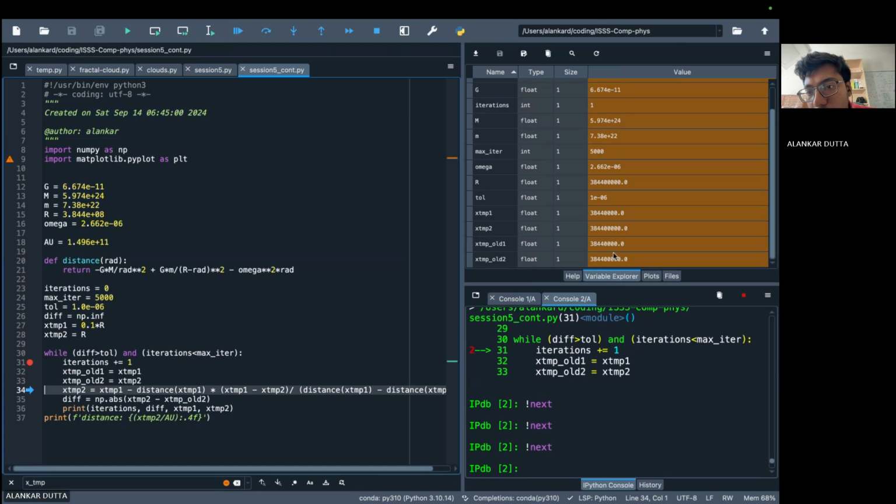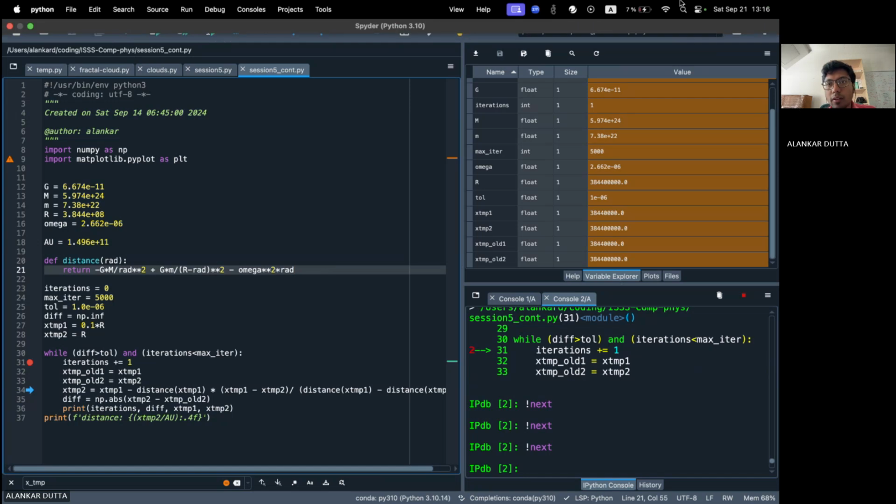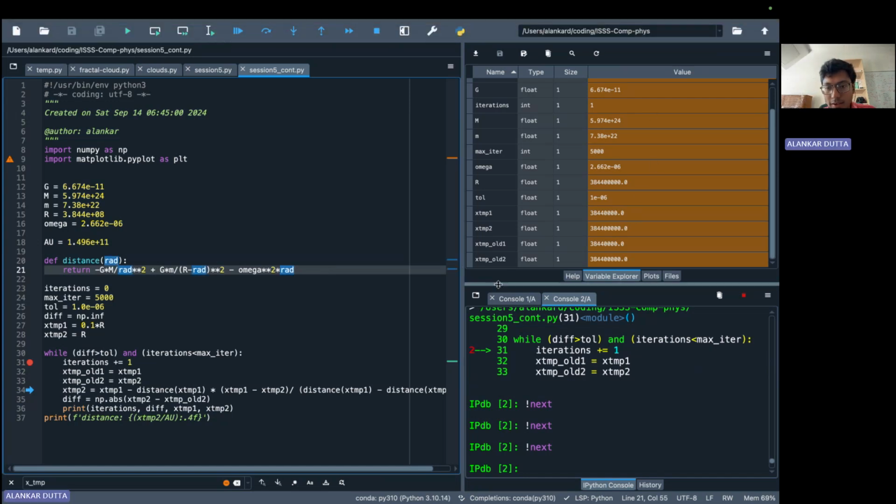So we got two values to represent. And here we have xtmp old one and xtmp old two.